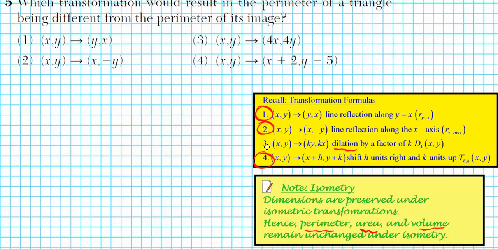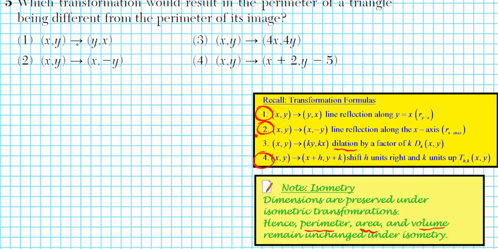Which of these is a dilation? Because dilation causes an alteration in the measures, so the measures dependent on the dimensions of the sides change. Okay, so to answer this question, let's look at these 4 transformations we have here and let's classify them as reflections, translations, rotations, dilations, and if they're isometric or not.